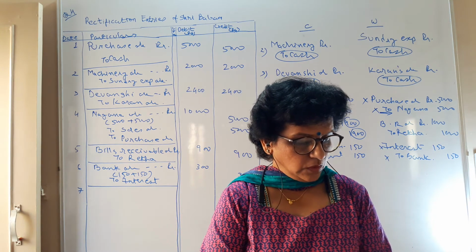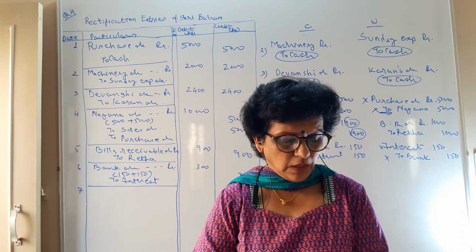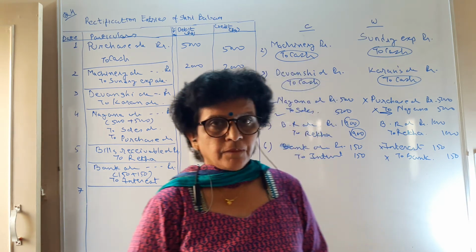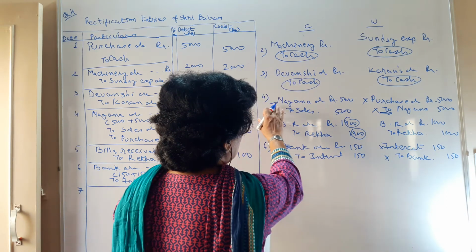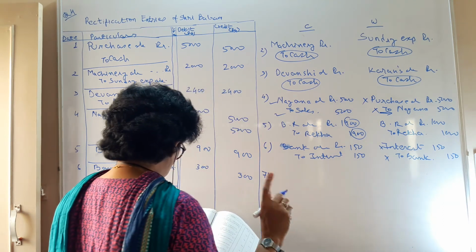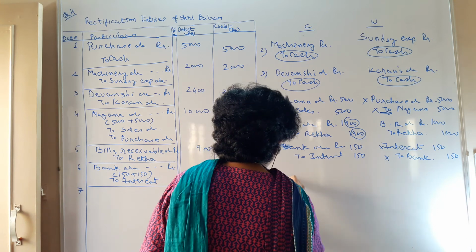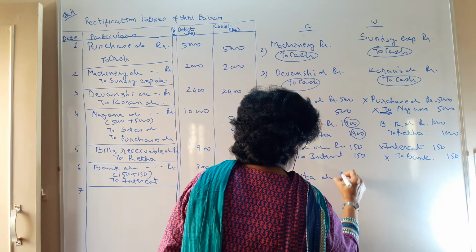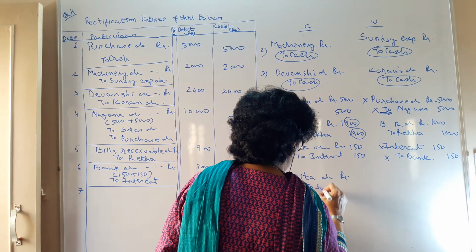Next, goods of rupees 1200 sold to Amita is recorded in purchase book by 200. So here the transaction is like this. Similar transaction, number 7. You have sold goods to Amita. So Amita account debit to sales.